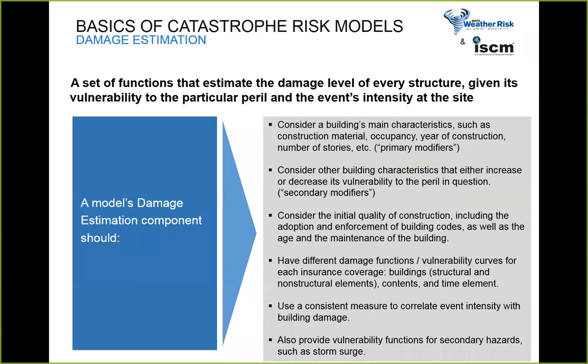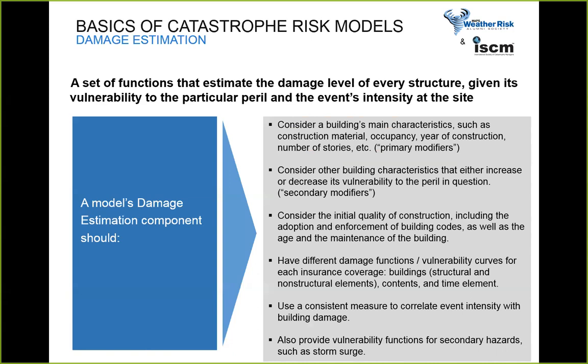Continuing on, the third building block is damage estimation. And this is a set of functions that relate the intensity of an event at a given site to the damage state that will occur, given its vulnerability to the particular peril and the event intensity at the site.